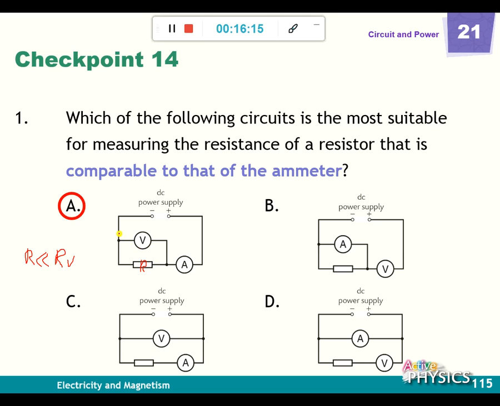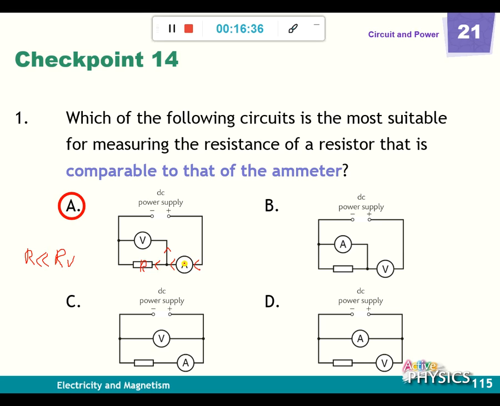Then the current may come from positive to here. Most of the current will choose this one instead of this, because this one in the ideal case should be infinity, and in the practical case should be quite large compared with all.